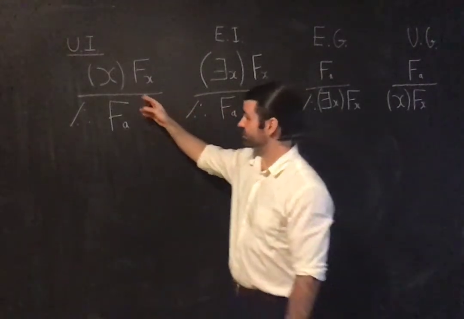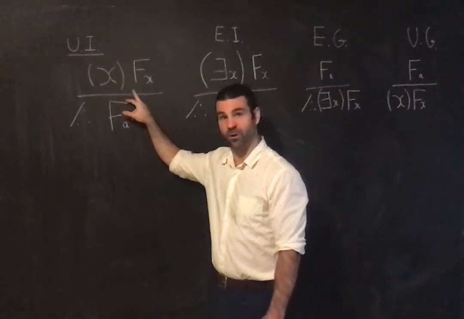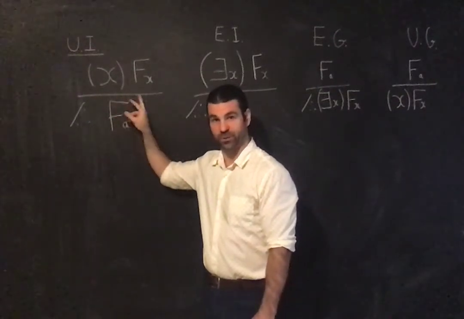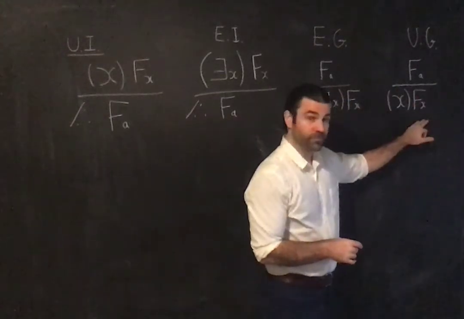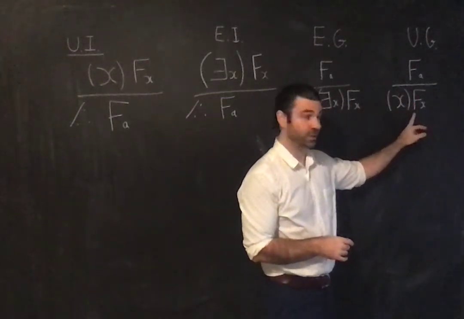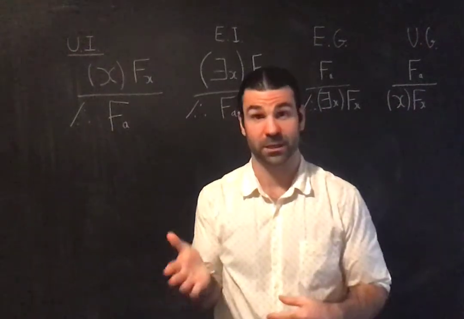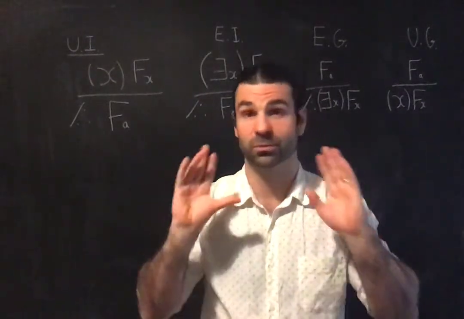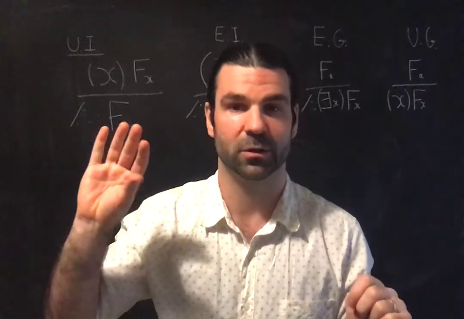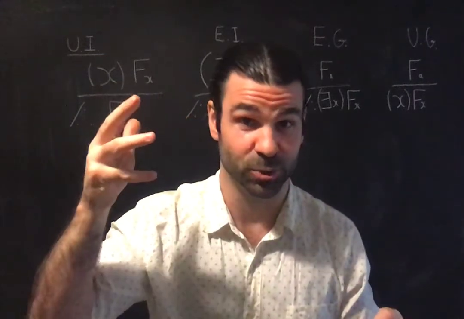Universal instantiation is getting rid of the universal quantifier, moving from a universally quantified statement. Universal generalization is moving to a universally quantified statement. So you don't have to do a lot of thinking to remember what a rule allows you to do. It says what it allows you to do in its name.